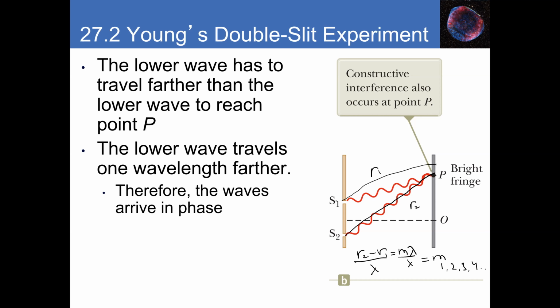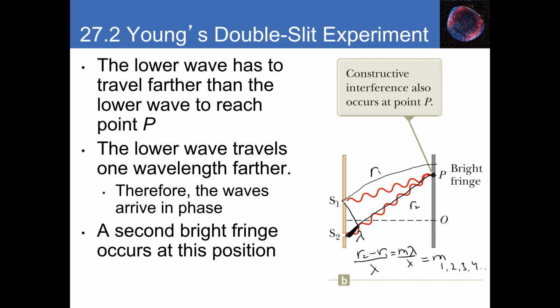If I look at the difference between them, and draw this line, this is the extra distance that wave 2 has to travel. If that's exactly one wavelength, then it's constructive interference. That means they are in phase, so I have another bright fringe, and so on.